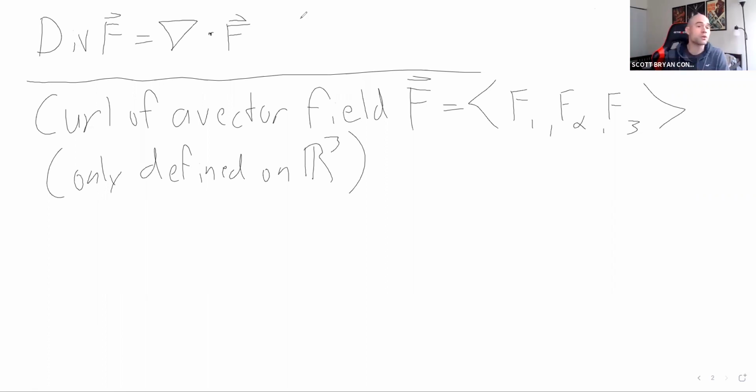For the same reason, we can only take the cross product of three-dimensional vectors. We can only take the curl of a three-dimensional vector field. So the curl is just del cross F.